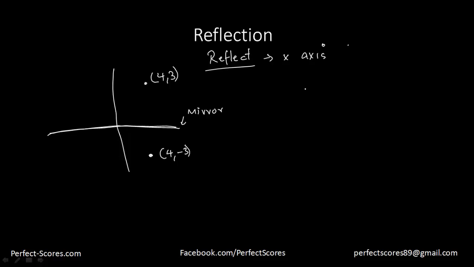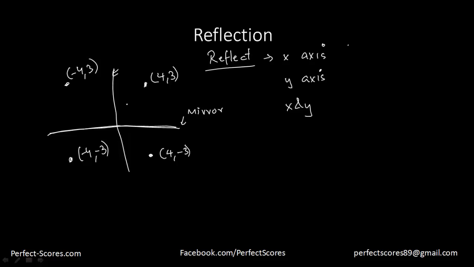So if I reflect it according to the x-axis, the coordinates would be 4, -3. Similarly, if I reflect this point according to the y-axis, making this as the mirror, then the point would look like this, and the coordinates of the point would be -4, 3. And if I reflect it according to both the x and y axes, then this point would become -4, -3.